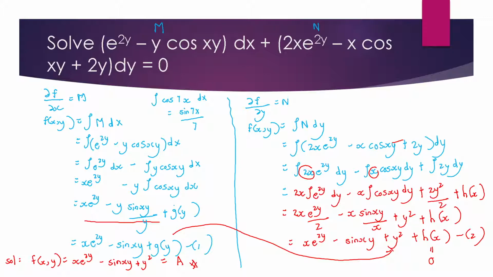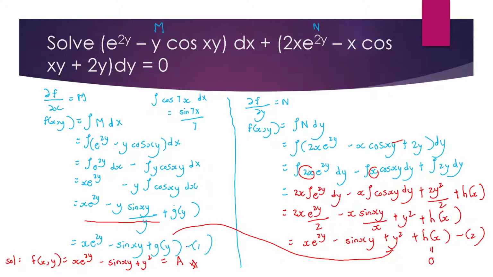Doctor, how come there is a minus 1 and minus 2 in the last equation? The solution f(x,y), the blue color, on the left hand side?